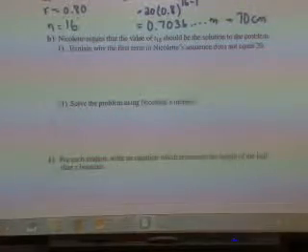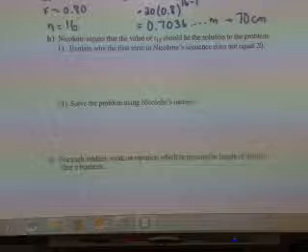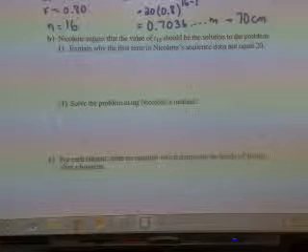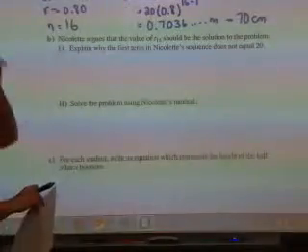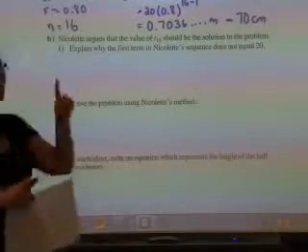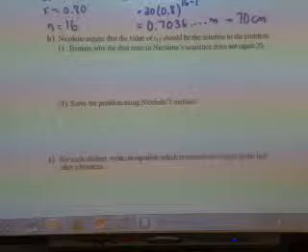Nicolette argues that the value of T15 should be the solution to the problem. If I'm going to calculate the height after the 15th bounce, I should be looking for the 15th term. So if Nicolette chooses to do this option, explain why the first term would not be 20.